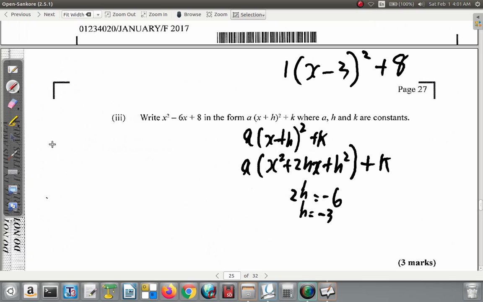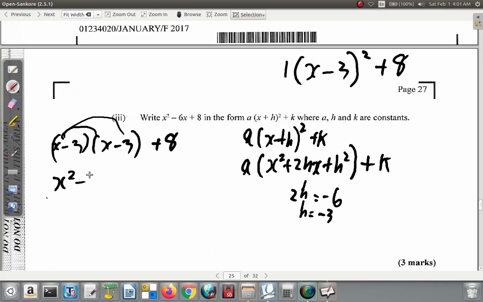X minus 3 squared is x minus 3 by x minus 3, plus 8. You see that? X minus 3 squared is x minus 3 by x minus 3, and then plus 8 at the end here. X squared minus 3x minus 3x multiplying, plus 3 squared, plus 8.